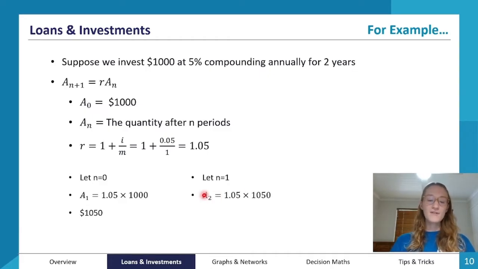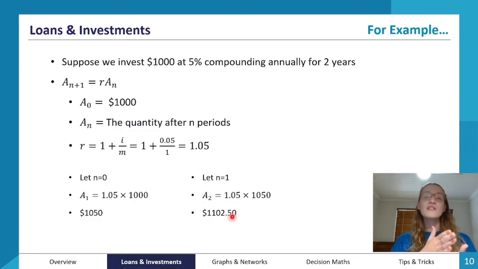So the amount after 2 years is equal to the amount at the end of the 1 year multiplied by the same factor, because it's growing by that same amount. And that'll give us $1,102.50. And you'll notice that here we made $50, but here we actually made $52.50.